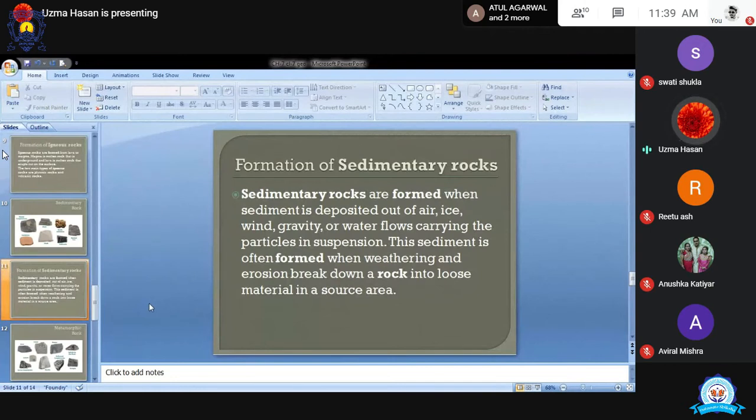If you rub a rope on a rock, that rope will also make a mark on that rock.